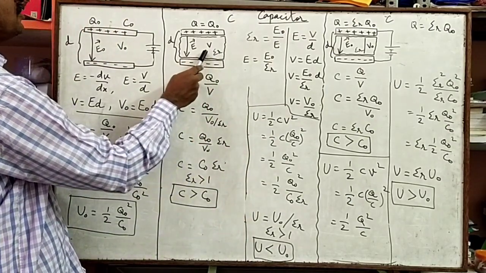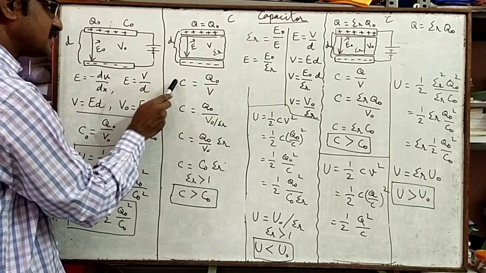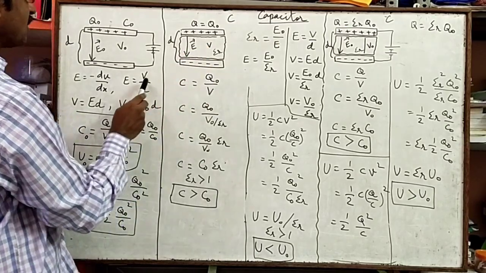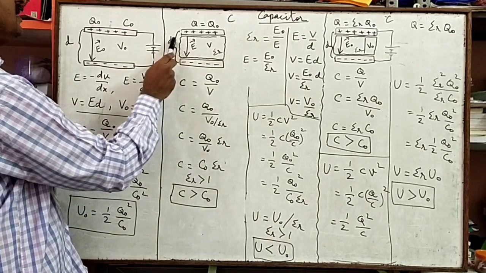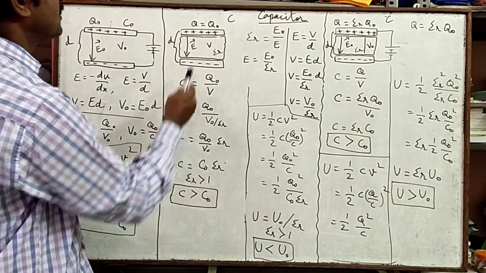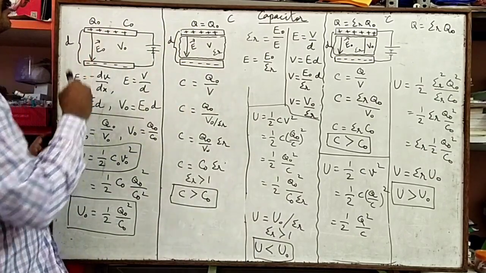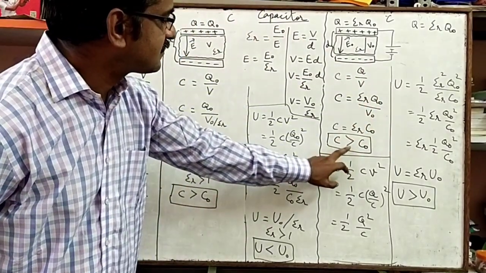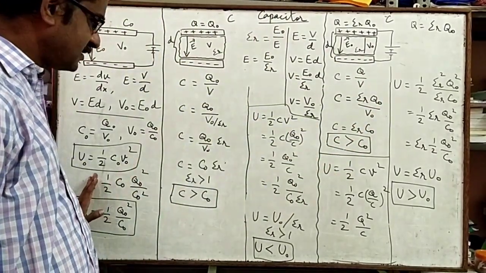As dielectric is introduced, the electric field decreases. Potential also decreases because E is equal to V by d. Therefore, d remains constant, so as E decreases, V also decreases. But Q remains the same.